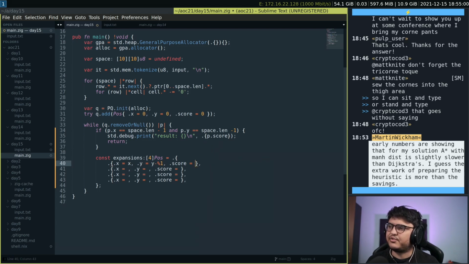I'm gonna leave the score to 0, because I'm going to change it later. Here's my cheat. So let me do the order. So this one is up. Then let's do left. Left is going to be x minus percentage 1. Y is going to be the same y.